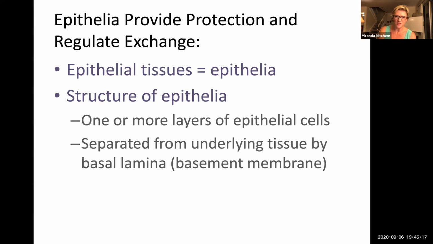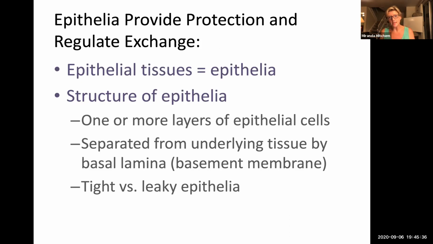We'll really come to understand that when we move into the respiratory and renal sections of our course. So some of our epithelial is tight, meaning it does not allow for the leakage of material. On the other hand, we have other epithelial that is leaky or may be induced to be leaky so that it can serve a function at that time.